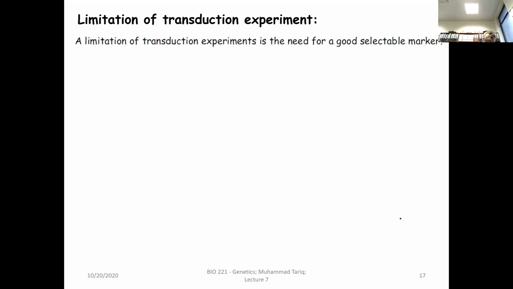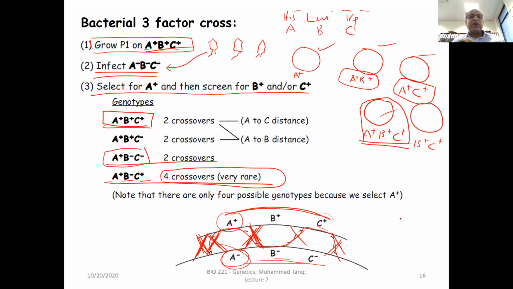Just like Tn5 mediated mutagenesis, we said everything has limitations. Nothing is solid, perfect. Every rock solid tool, because these are generated by humans, we find some limitations. So transduction also has its limitations, because in case of transduction, for example, here we said we are going to select for A minus B minus, A plus B. It means we have to have very good selectable markers. How will we know it is his plus?